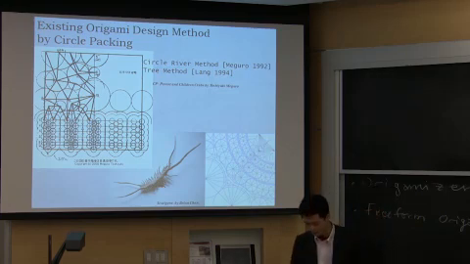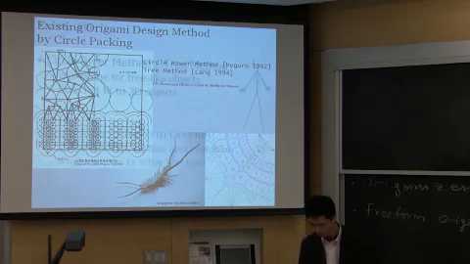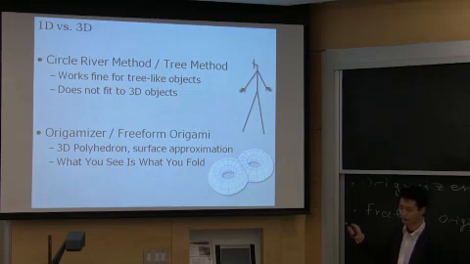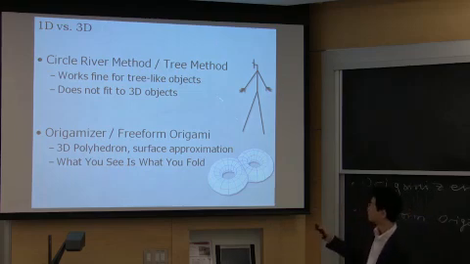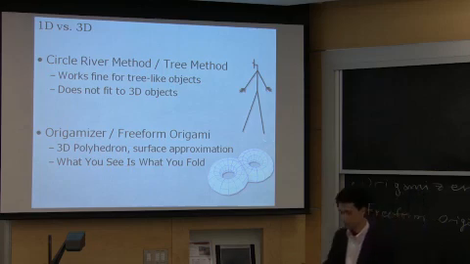I think Jason has talked about that in the class. So this is an existing method for origami design. And what I wanted to do is make 3D instead of this kind of 1D figure. So this is what we can get from the circle river packing method. And with Origamizer or freeform origami, we can get this kind of 3D form.